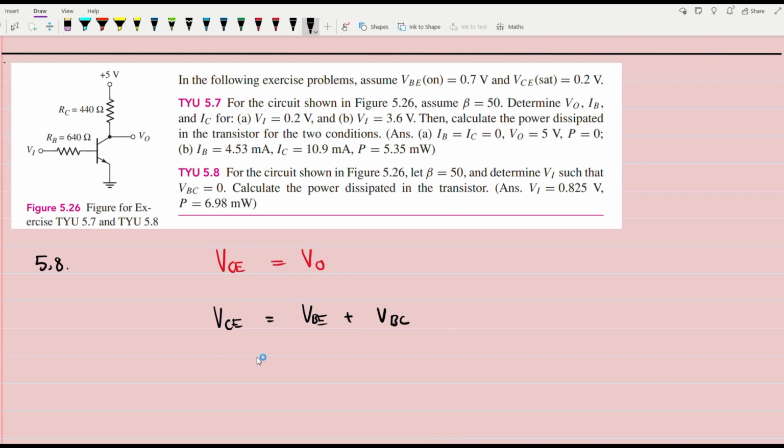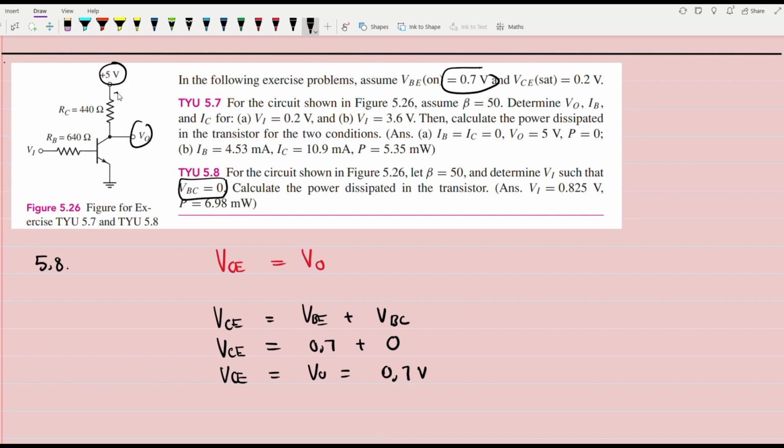Substituting the values into this equation, VBE is 0.7 and VBC is 0, so basically VCE, which is VO, is equal to 0.7 volts.